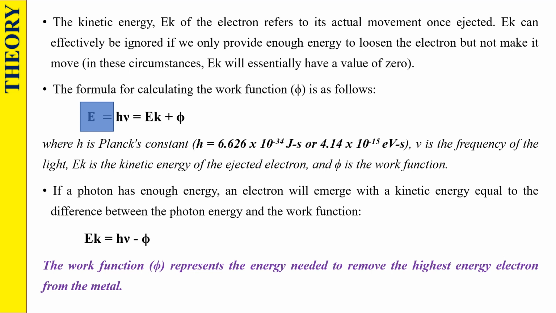So we can write the equation above by writing that the kinetic energy Ek is equal to hv minus phi. And phi is the work function, which represents the energy needed to remove the highest energy electron from the metal.